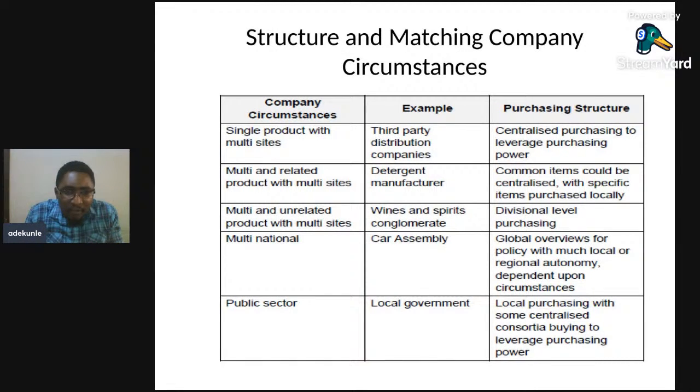Now, of course, if you look at this chart, it matches what a company does, or the circumstances in which the company operates, to the kind of structure that might be in the organization.